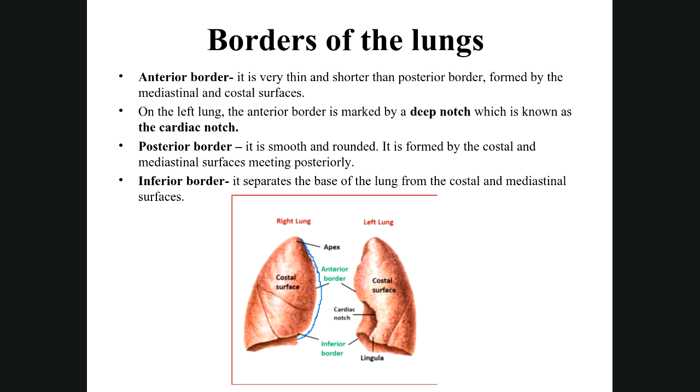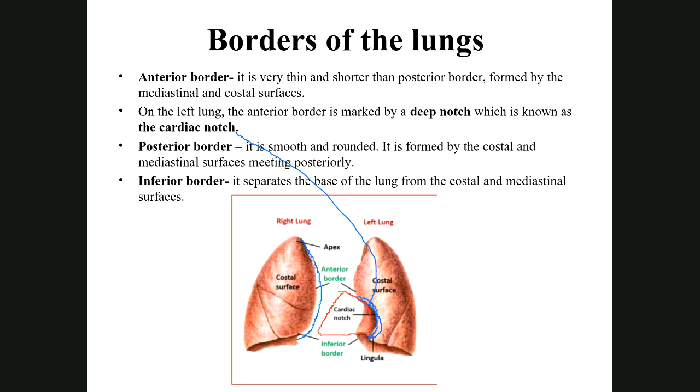Here in the left lung, there is a small curve. This curve is called the cardiac notch. Why is it called the cardiac notch? Because in between these two structures you have the heart here, because of the presence of the heart.